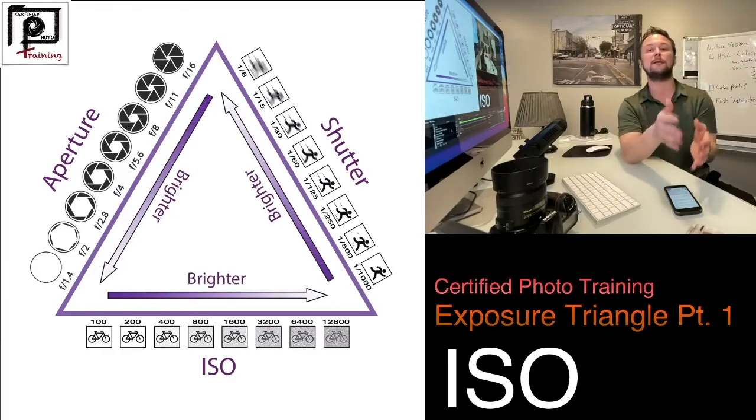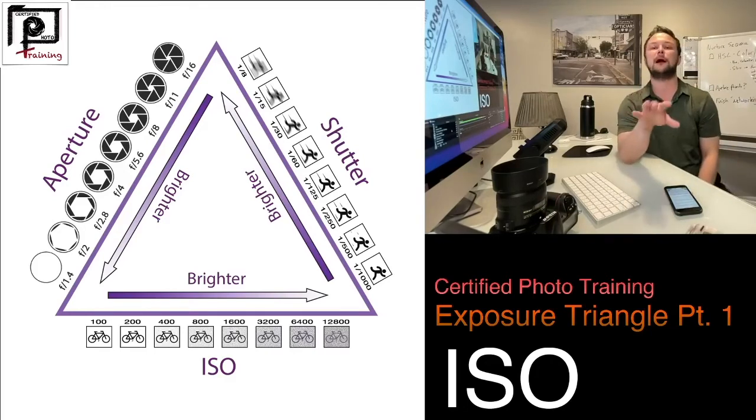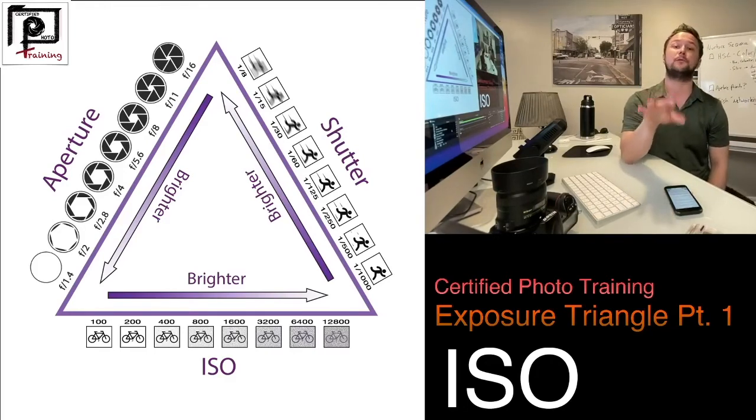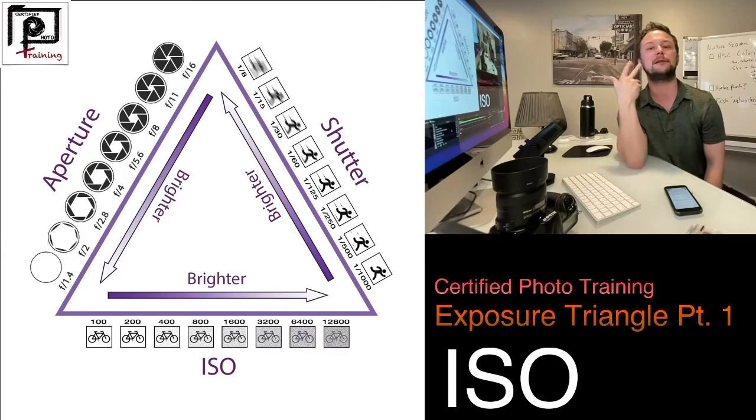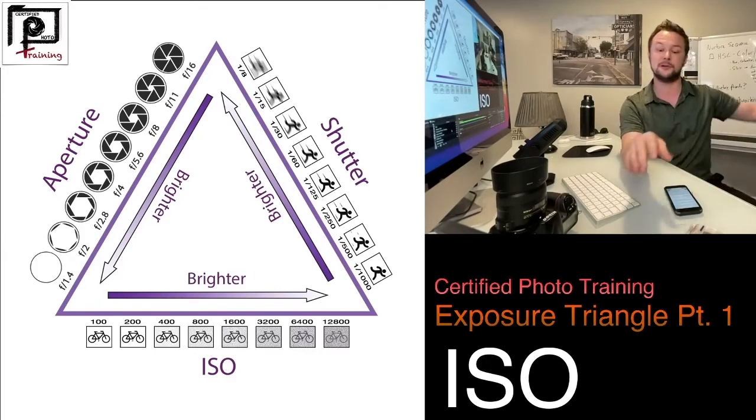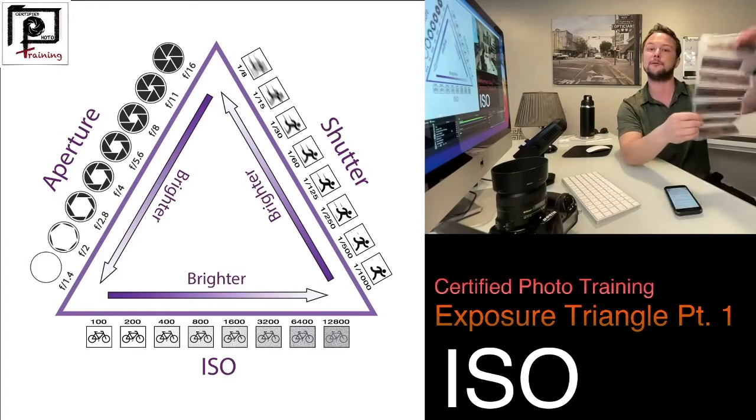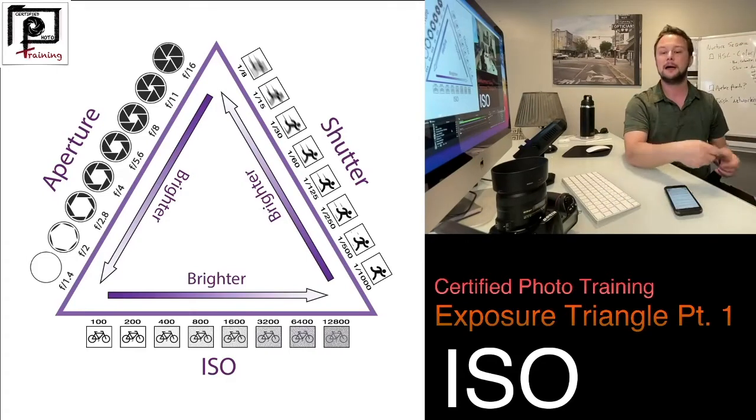So a full frame camera, I have problems with that because people that start with crop sensors don't know the difference in focal lengths. If you started with a digital camera and never used a 35 millimeter or full frame camera, you don't know the difference.